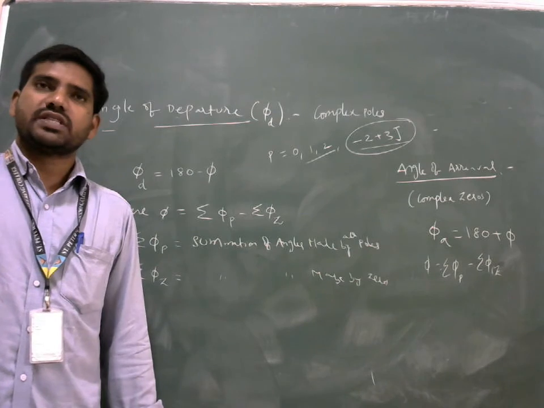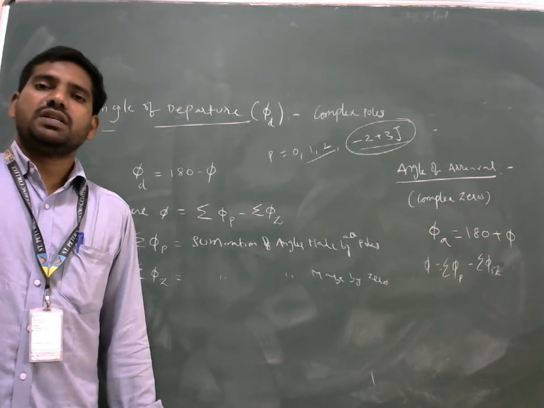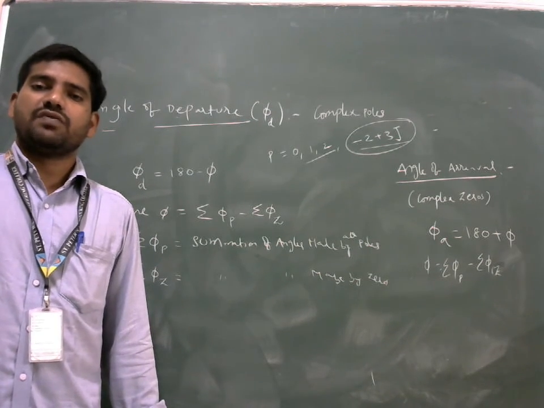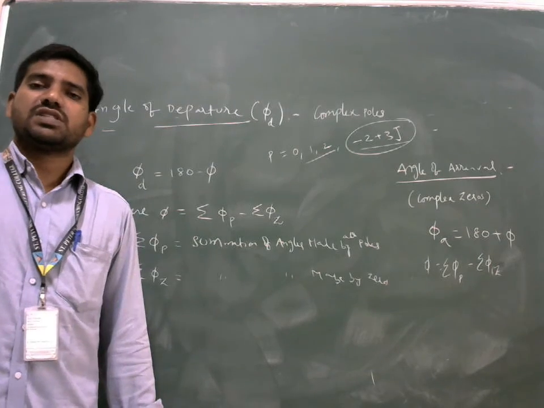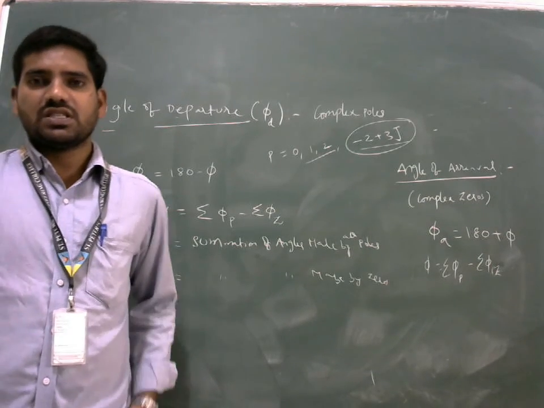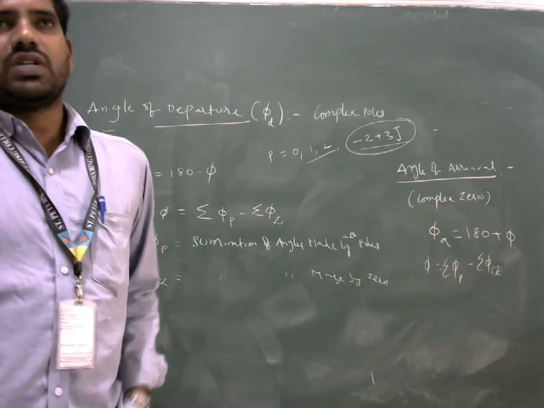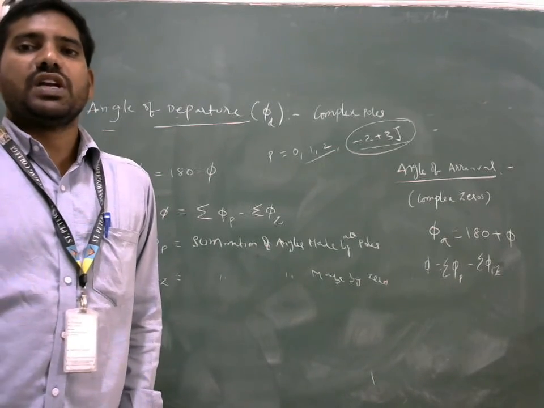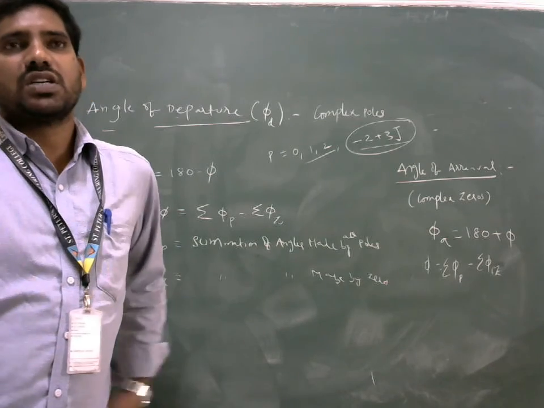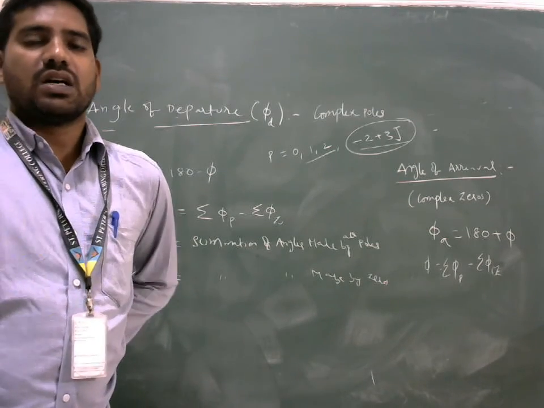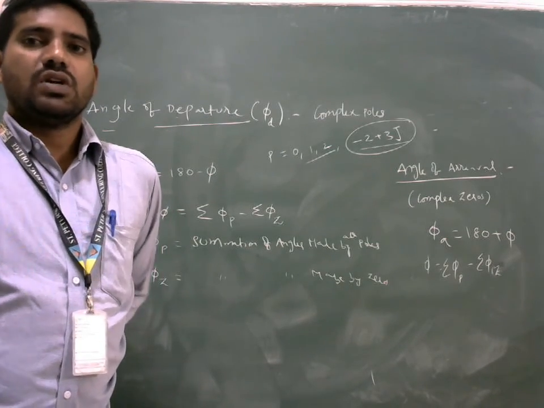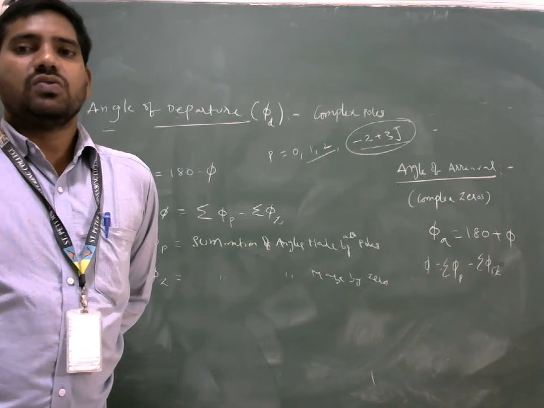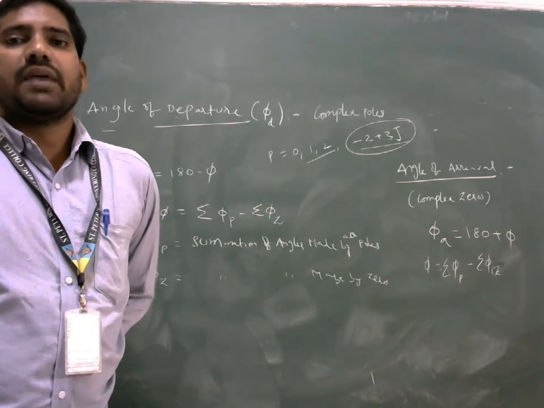What is the fourth step we discussed? The breakaway point. For this there is one procedure. First we take 1 plus G(s)H(s) equal to 0. From that we find the K value, then find dK by ds.